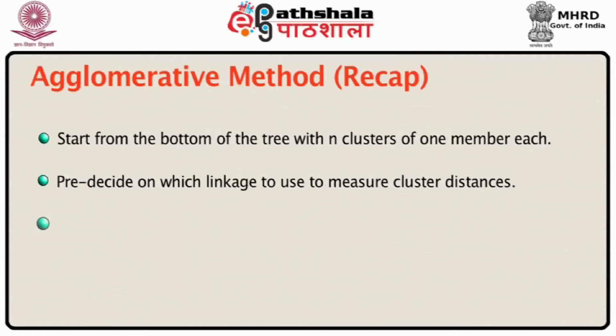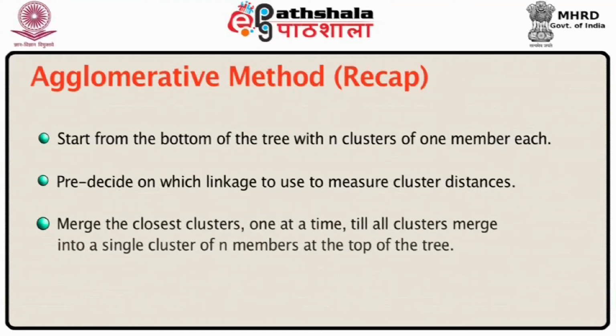Having decided on this, we merge the two closest clusters one at a time and go up the tree till all the clusters merge into a single cluster of n members at the top of the tree. This is primarily the agglomerative method.